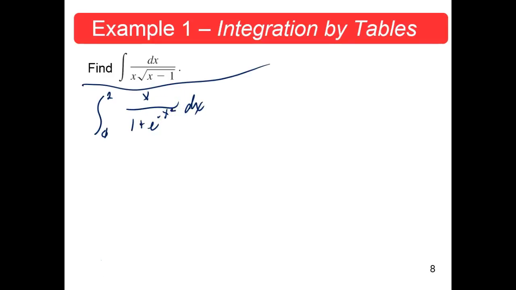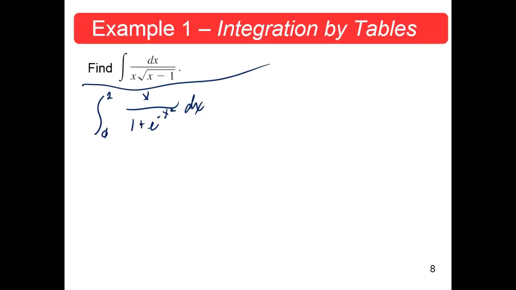Now, at first glance, it looks like we might be able to do a substitution, wouldn't it? Okay? Let u equal either x squared or minus x squared. So let's try it. x squared or minus x squared, I don't really care.